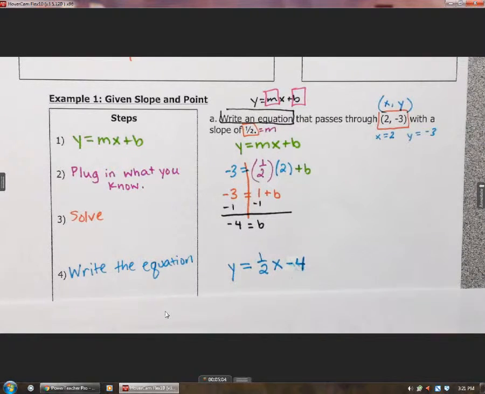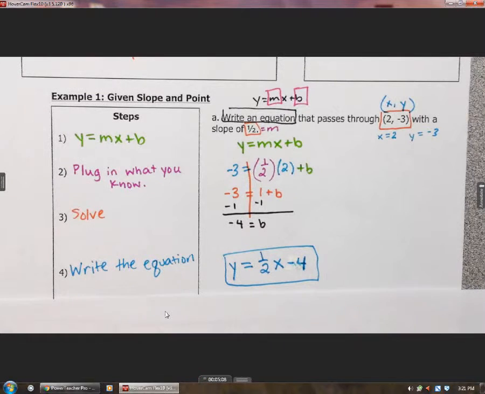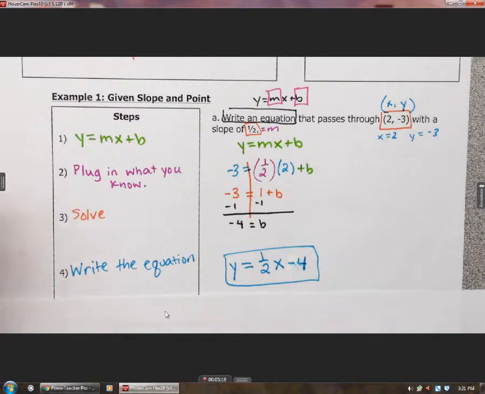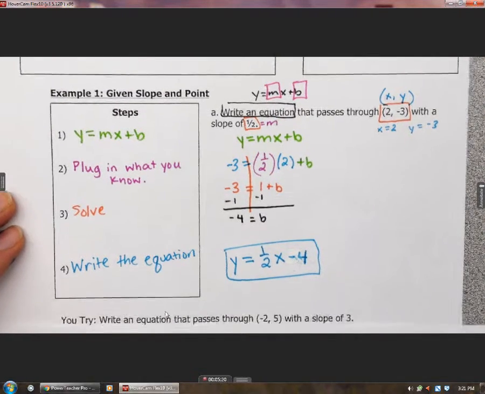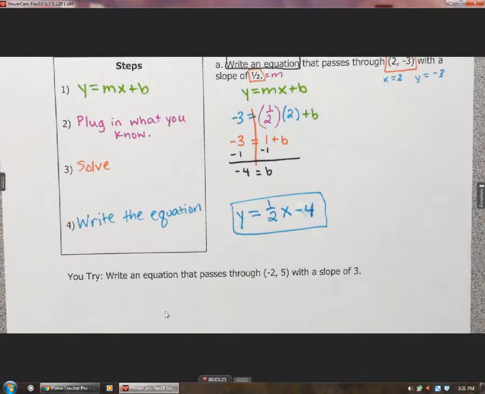Minus 4. That's your actual final equation. Is it okay that there's a y and an x? Yes, it is. That's what it's supposed to look like. This is when they give you a slope and a point.